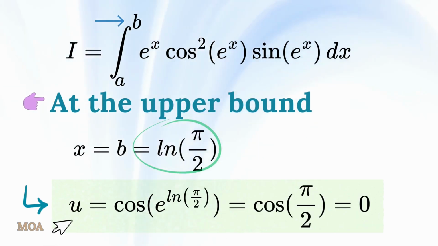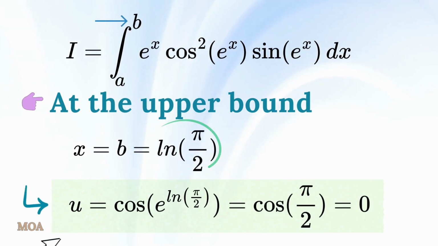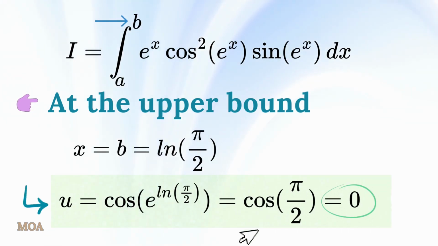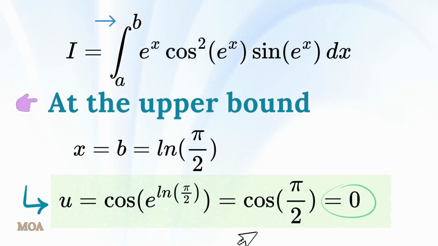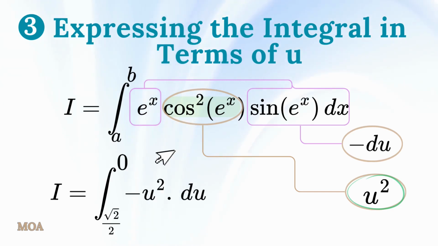Likewise, at the upper bound, when x equals the natural logarithm of pi over 2, u becomes the cosine of e to the power of the natural logarithm of pi over 2, which equals the cosine of pi over 2, yielding exactly 0.